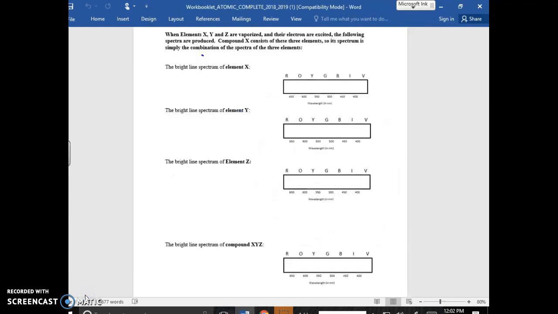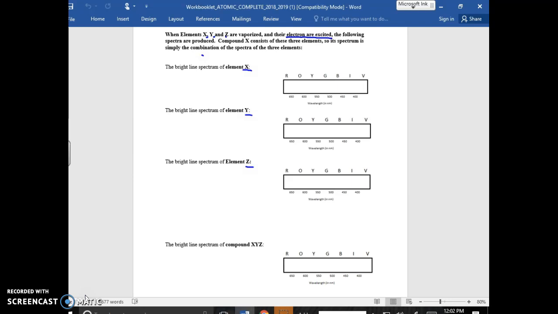There's something else we can do, building upon this fact about elements. Let's read this. When elements X, Y, and Z are vaporized and their electrons are excited, the following spectra are produced. So let's just say we're dealing with 3 different elements. We'll keep it relatively simple.